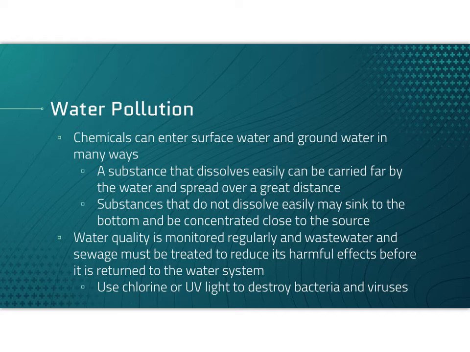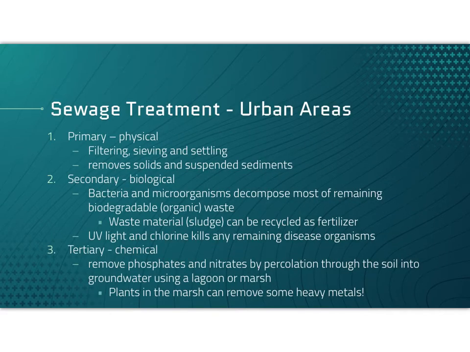Using chlorine or UV light to destroy bacteria and viruses is a start, but that's not all. Sewage treatment in urban areas has three steps: the primary, secondary, and tertiary. In the primary step, we are physically filtering, settling, etc., trying to remove solids and any suspended particles.